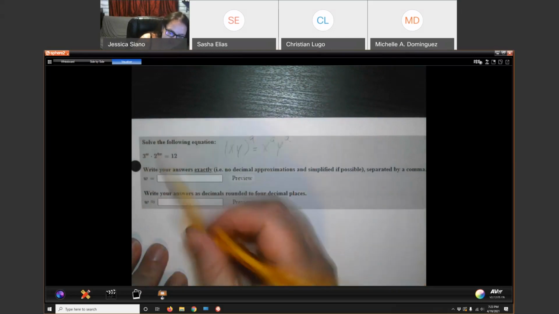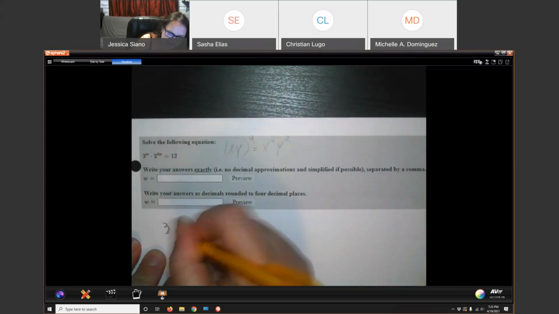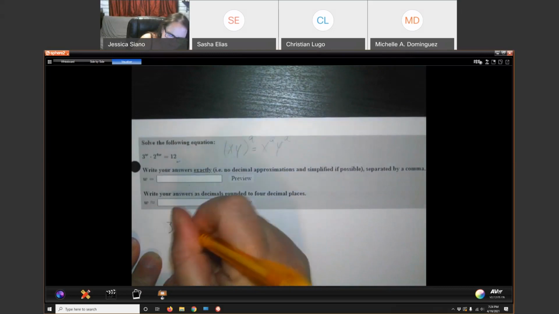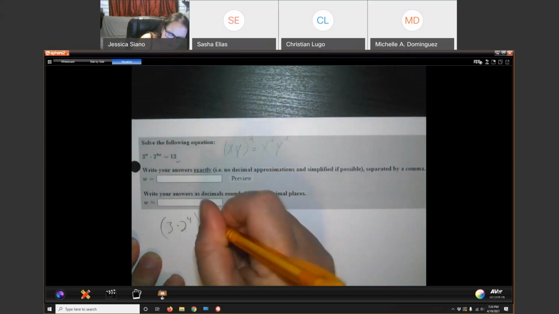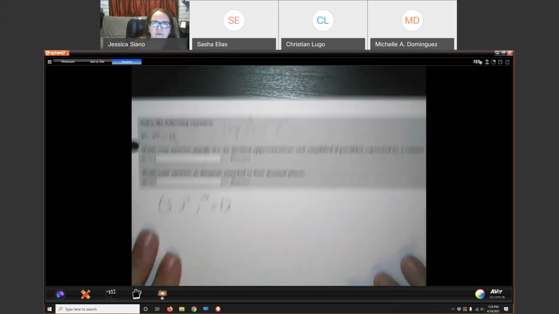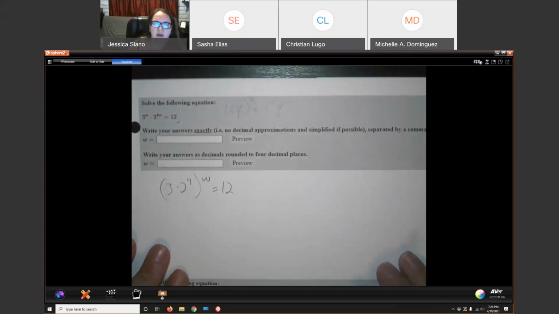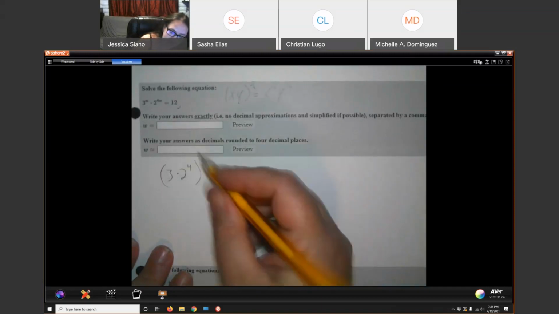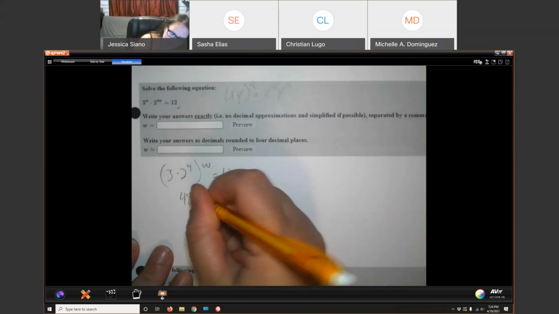So I can rewrite this as 3 times 2 to the 4, and then all of that to the w. And 3 times 2 to the 4, it's just a number. So 2 to the 4 is 16 times 3 is 48.